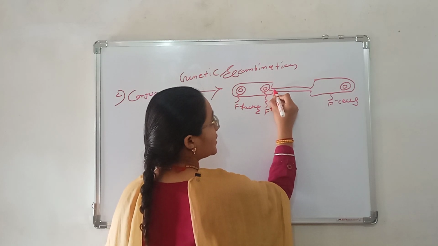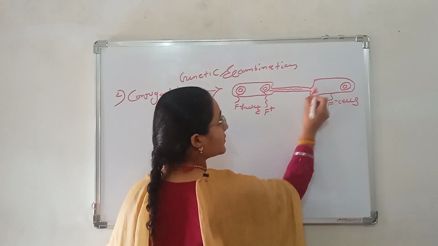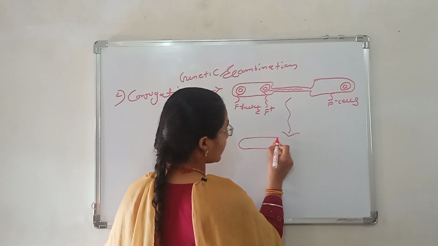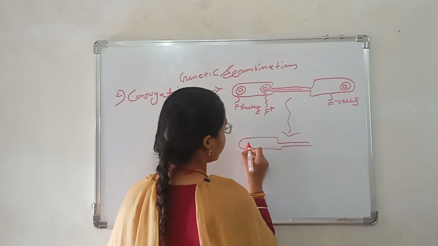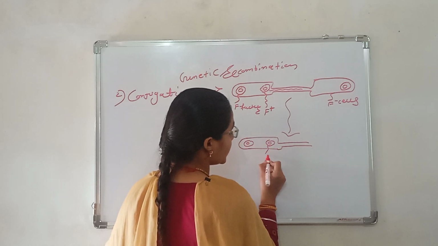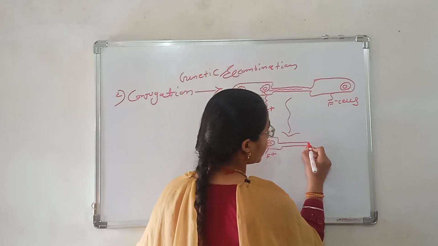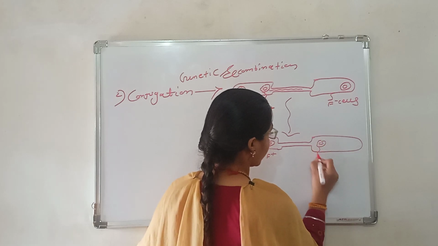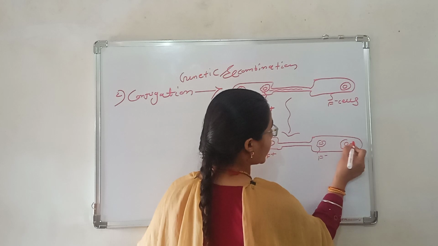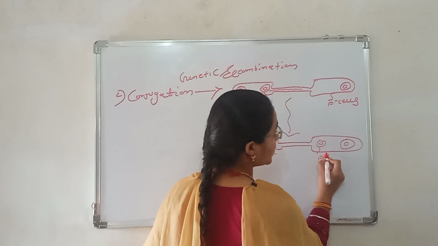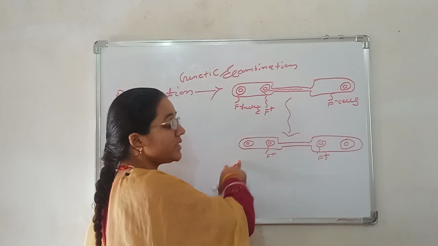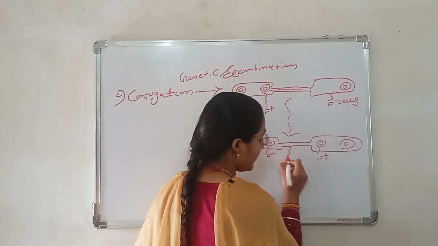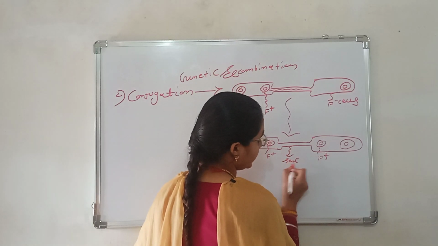Firstly they are F minus, then they are also converted to F plus cells, because the donor cell gives its genetic material to the recipient cell. They make physical contact with each other with the help of the sex pilus.